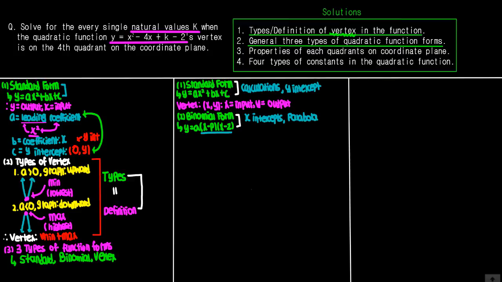The reason is because we know the vertex is formed by x, comma, y. For that x value, which is the input of our function, we take the mean, or the average, of the two x-intercepts. If we simply add up the two x-intercepts and divide by 2, that gives us the input, or x value, of our parabola's vertex.